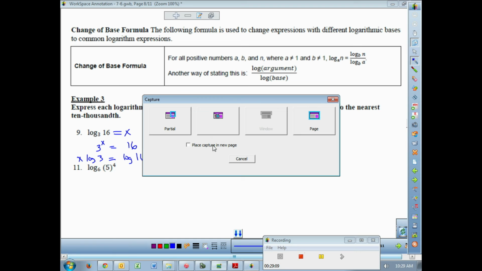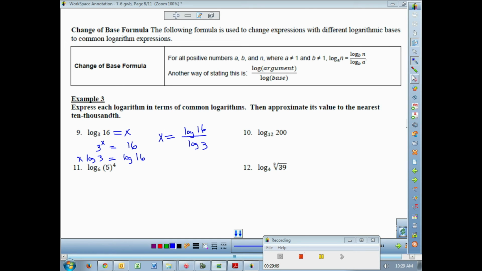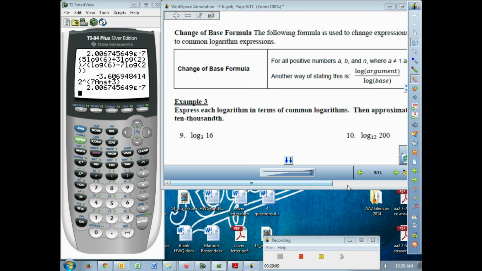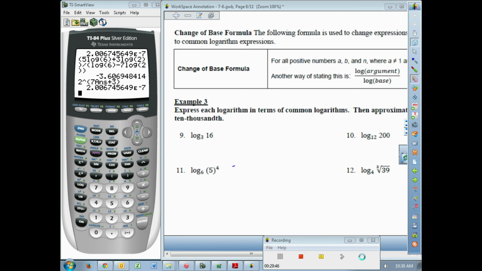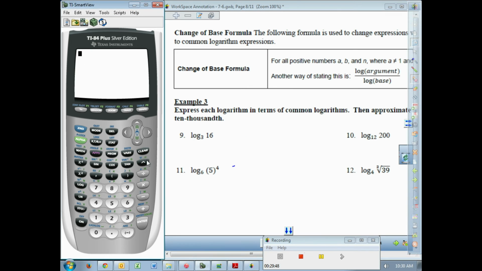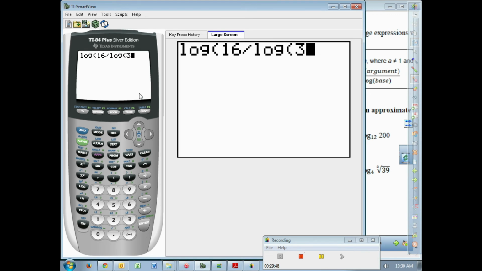So let's punch that in. Let me get to my calculator screen. I want log of what divided by log of what? Log of 16 divided by log of 3. And you tell me, is this going to give me the right answer? Let me make it big for you. Is that going to give me the right answer? Nope.